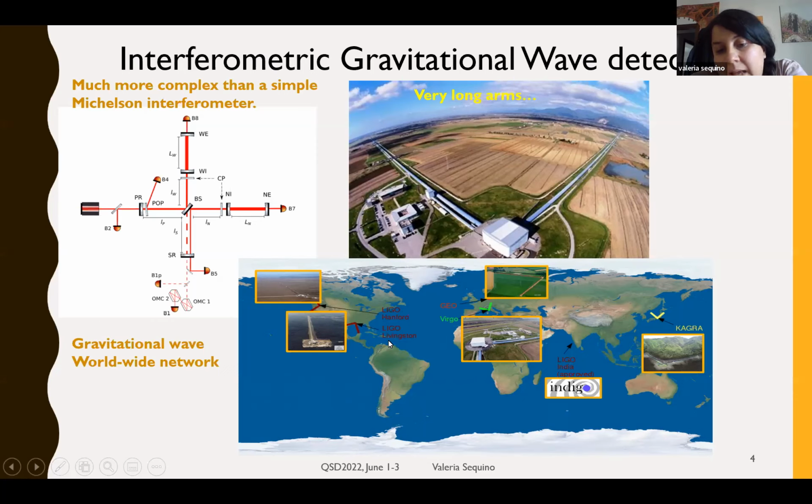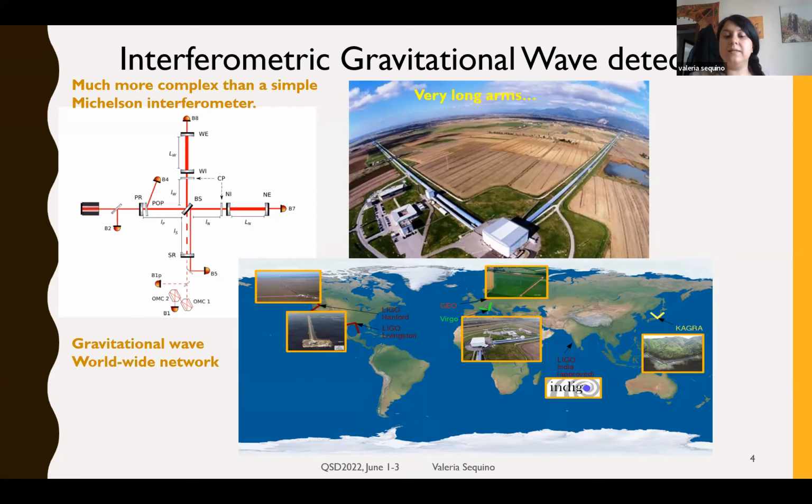The gravitational wave detectors form a network where now the operative interferometers are these three, but there are also other interferometers. There is GEO 600 in Germany that has shorter arms.